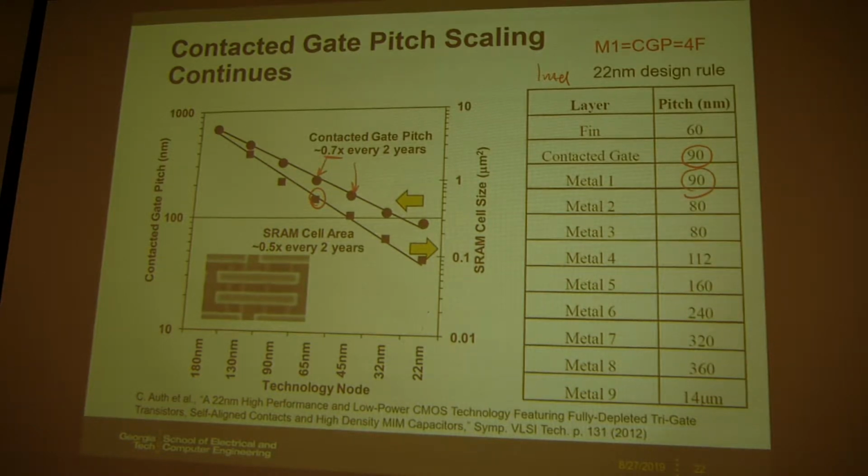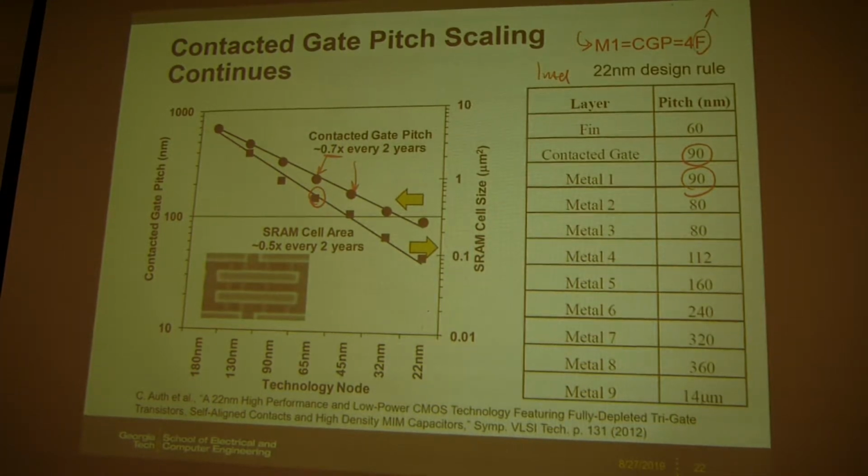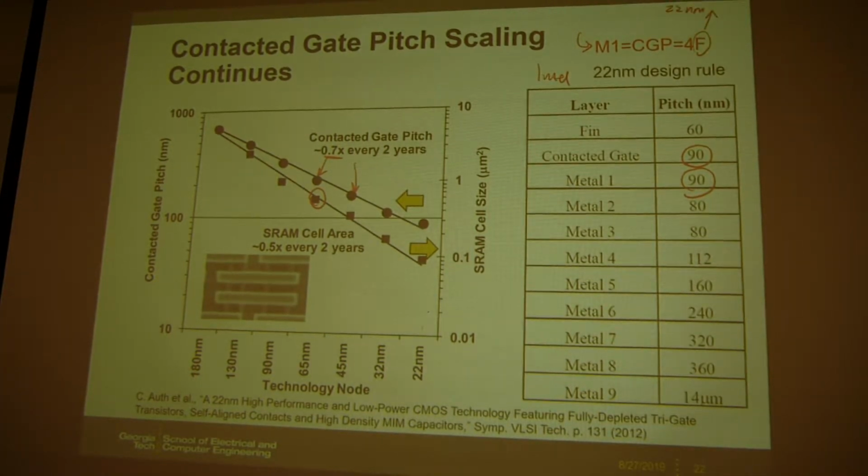So as you will see later when we talk about the SRAM's layout, the metal one pitch is roughly the same as the contact gate pitch, and is roughly the same as 4F, if you still think the F is the symbol technology node.